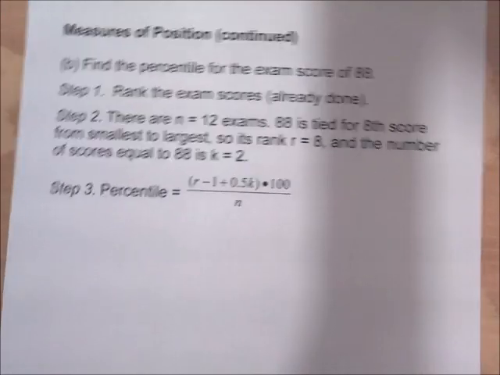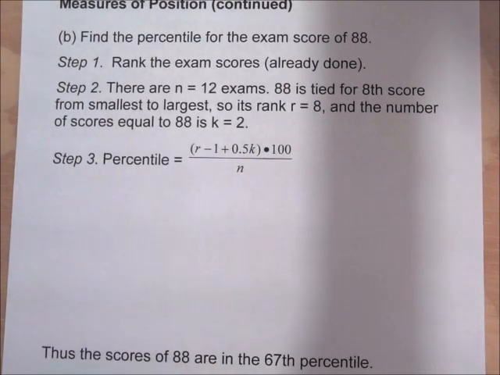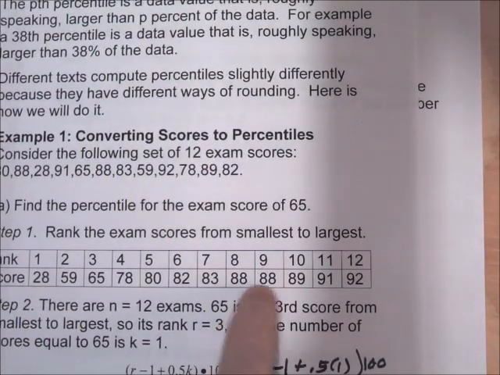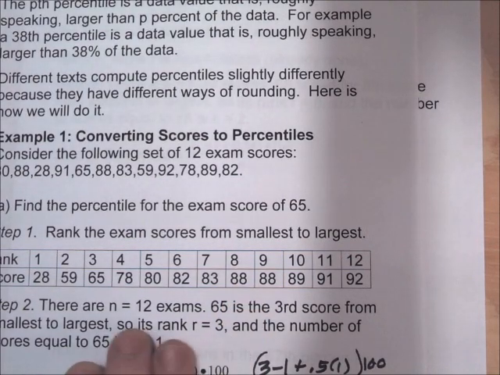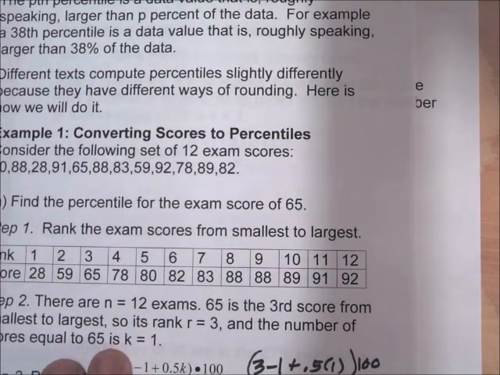Okay, so let's do the percentile for 88. It's the same formula, but there are 2 scores of 88, so k is going to be 2. 88's lowest rank is 8.